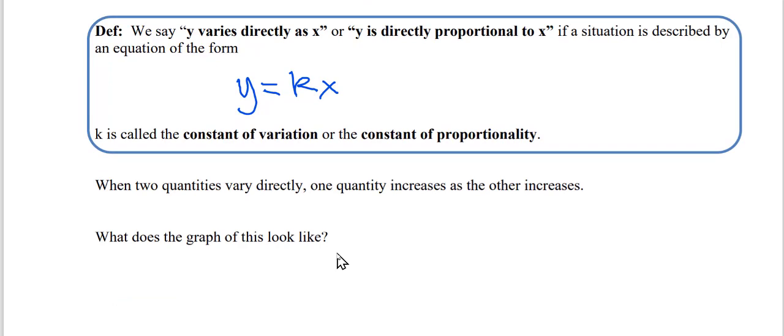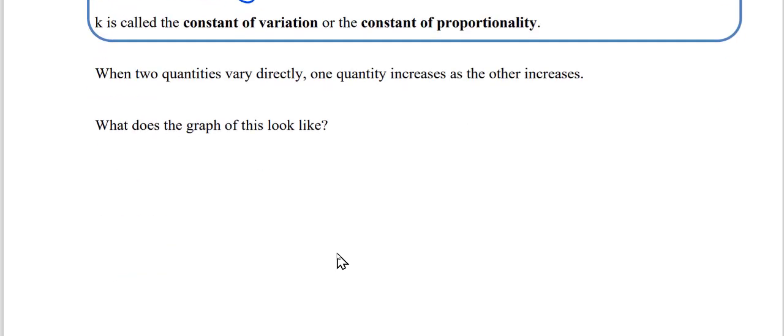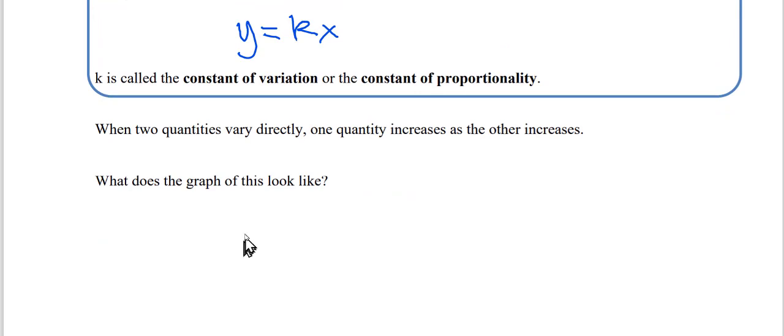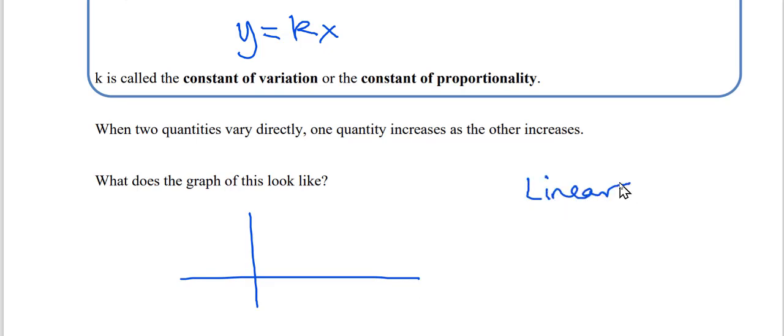When two quantities vary directly, one quantity increases as the other increases. What does the graph of this look like? Well, we are talking about y = kx. That is linear because the exponent on both x and y is 1.